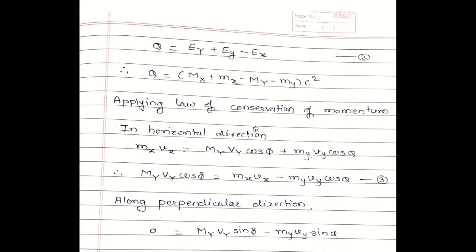In the horizontal direction, the law of conservation of momentum says that the momentum of the projectile particle, moving in the x direction, mx vx, equals My Vy cos phi plus small my small vy cos theta.